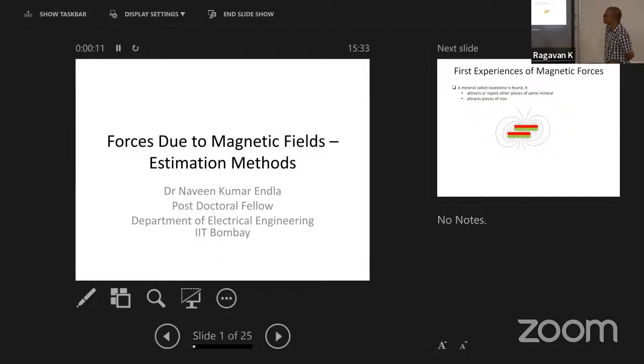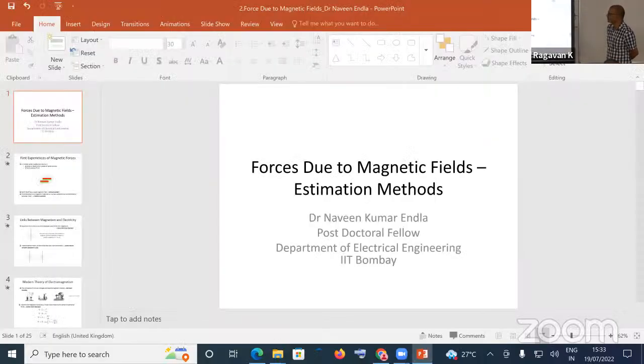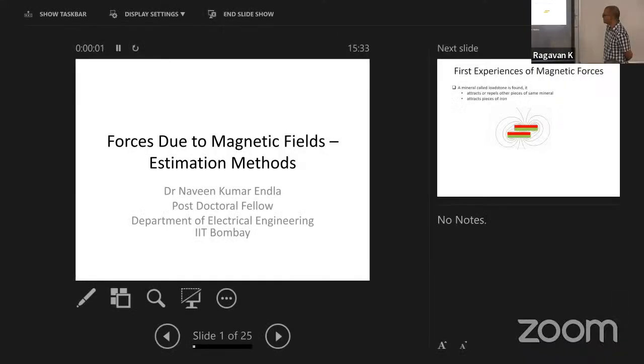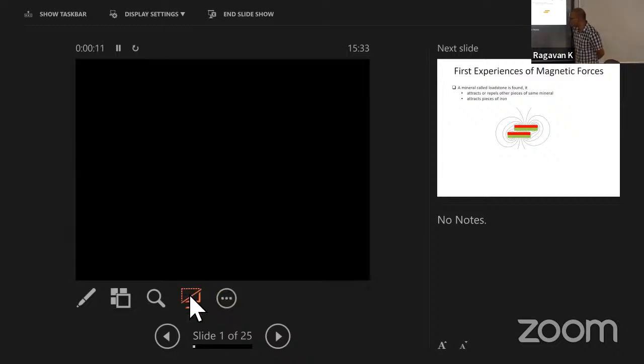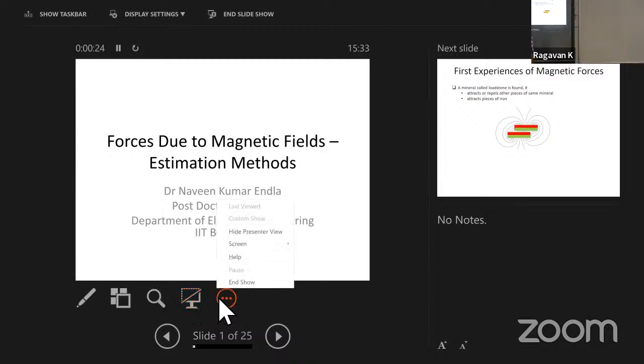Video PDF or this mode. So third one, third. Display height present.